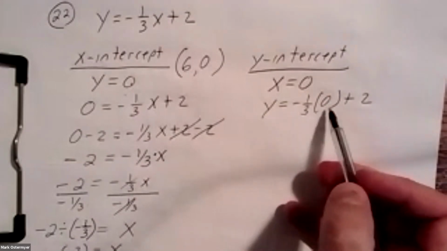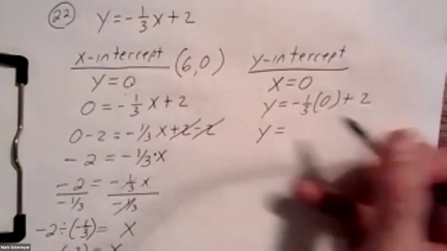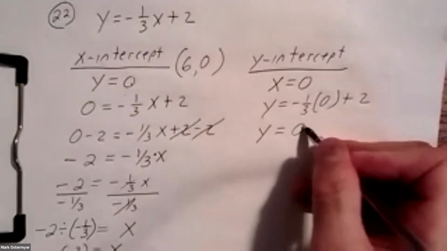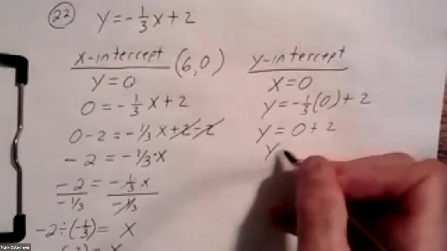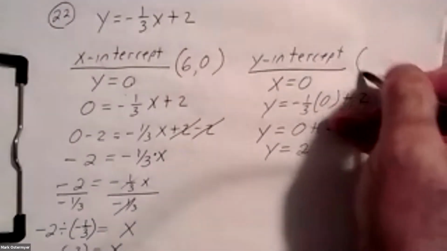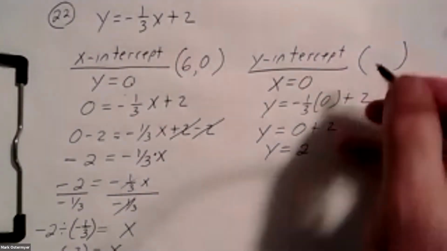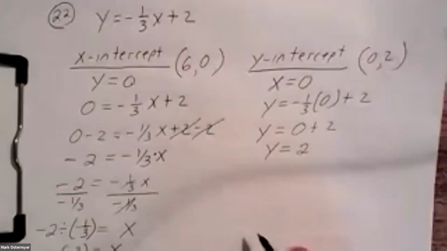What's negative 1/3 times 0? 0. What's 0 plus 2? 2. What's my y-intercept as an ordered pair? 0, 2. Let's now find a third point.